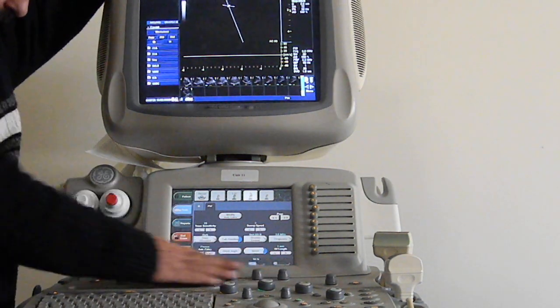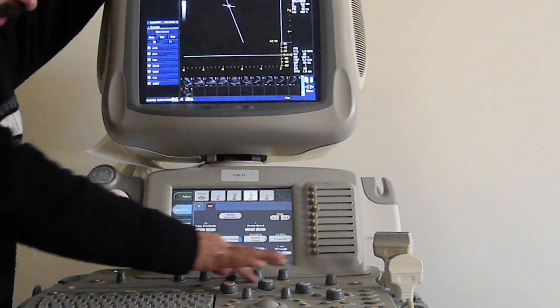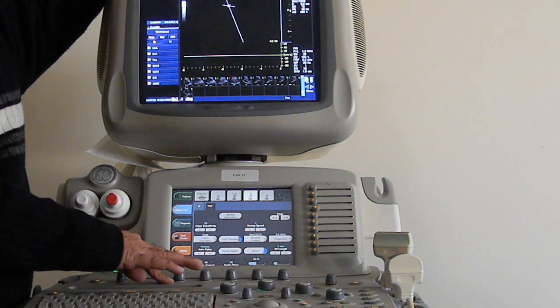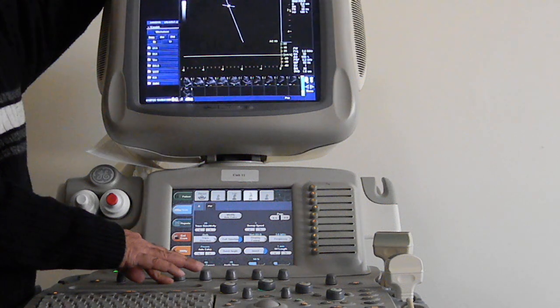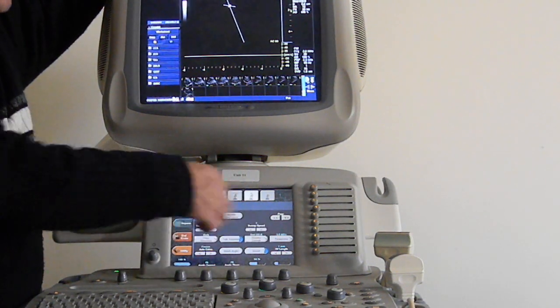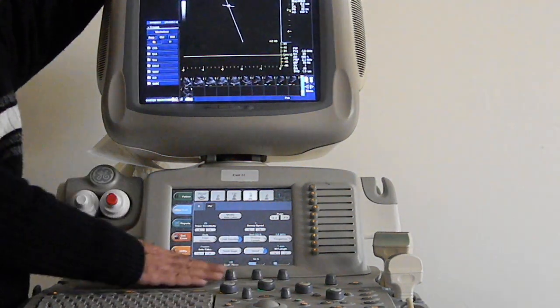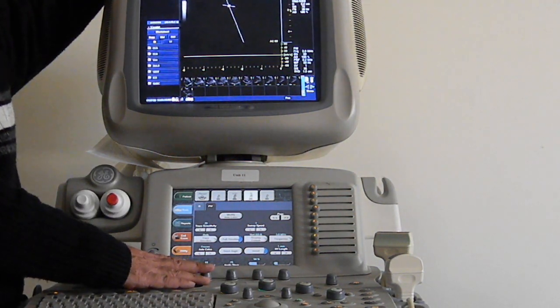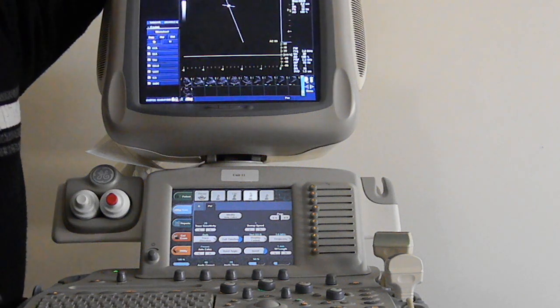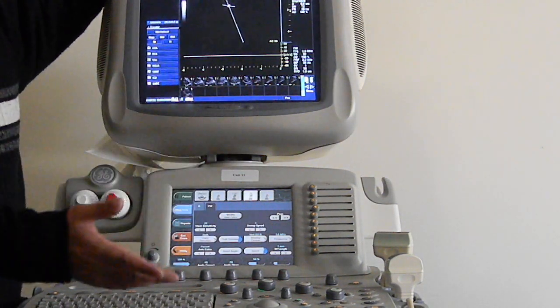So the function of these knobs here, nothing is written here. The reason that nothing is written is that their functions change depending upon what mode you are in. So in B mode, these keys are going to have their own functions. In color flow, they're going to have their own functions.